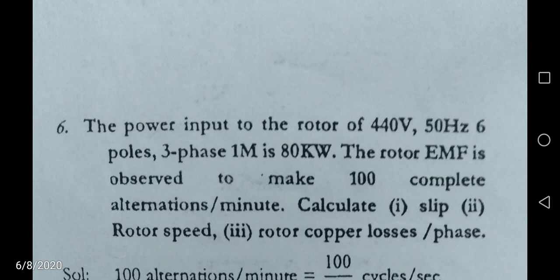So that is P2. The rotor EMF is observed to make 100 complete alternations per minute. Calculate the slip.